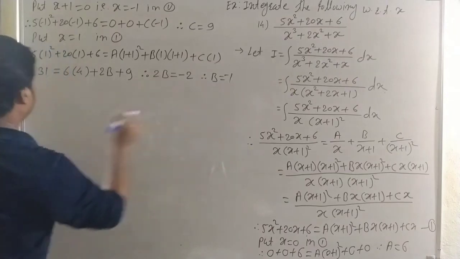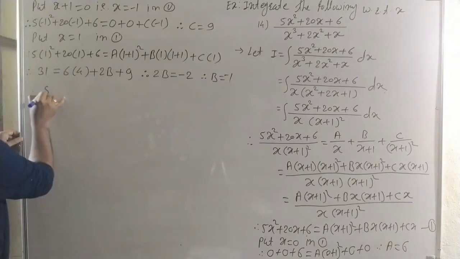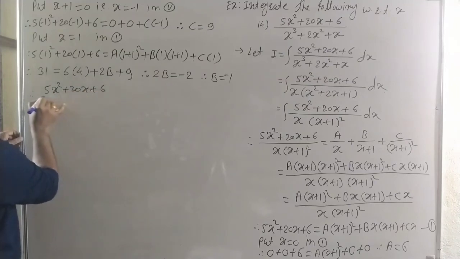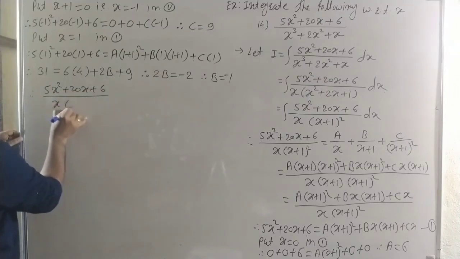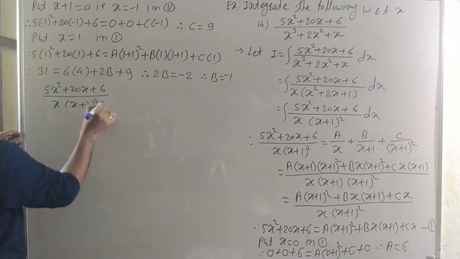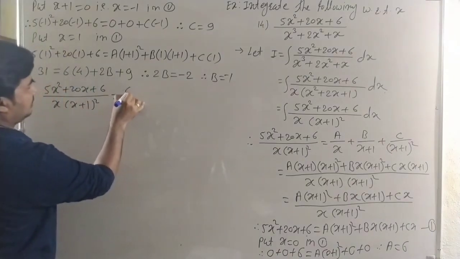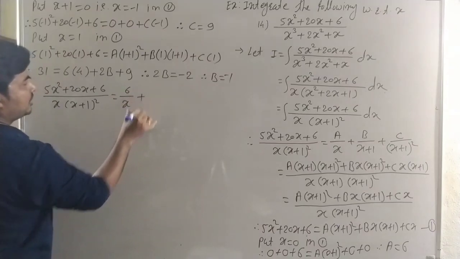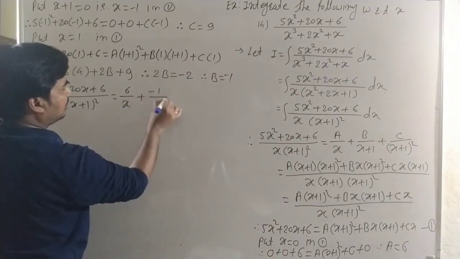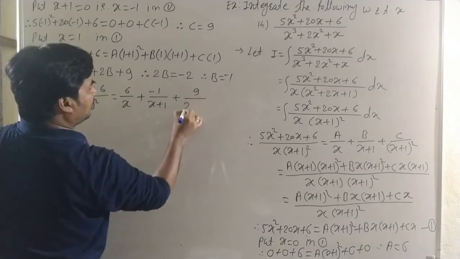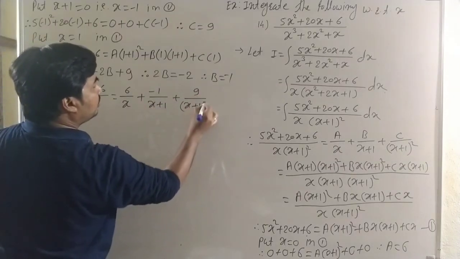Put all values in this equation. Therefore 5x squared plus 20x and plus 6 upon x into x plus 1 whole squared is equal to a. What is the value of a? It is 6. Plus b, it is minus 1 upon x plus 1, and plus c, it is 9 upon x plus 1 whole squared.